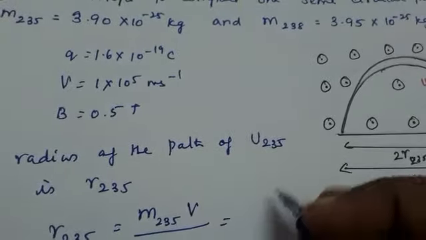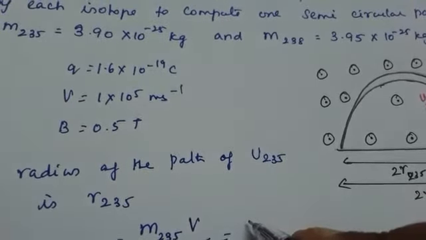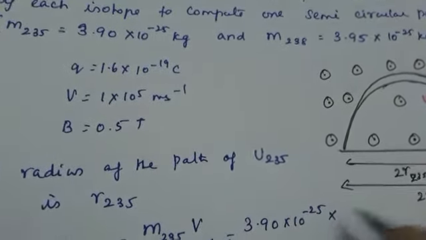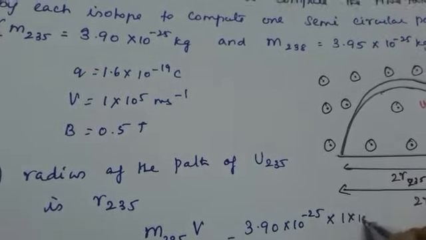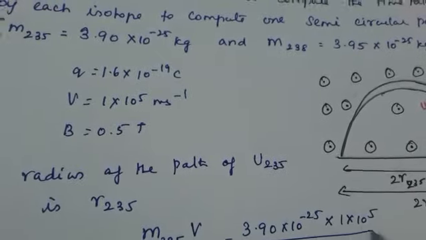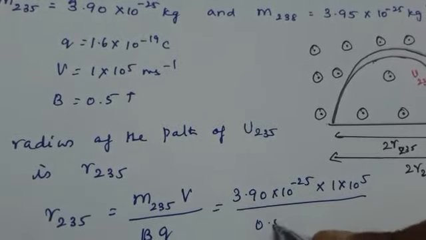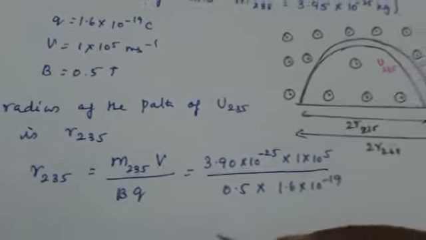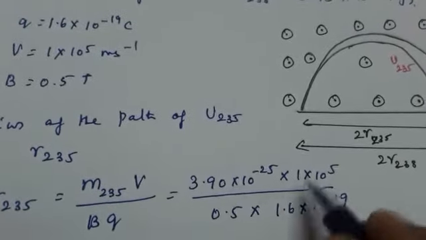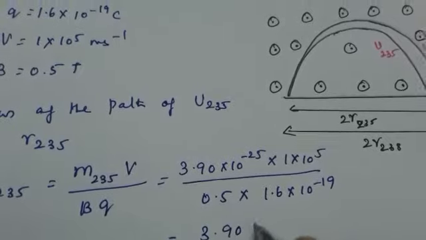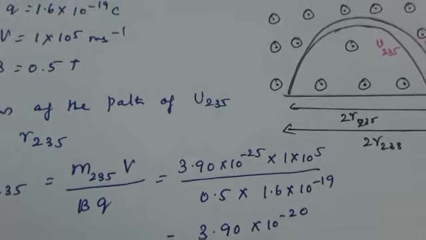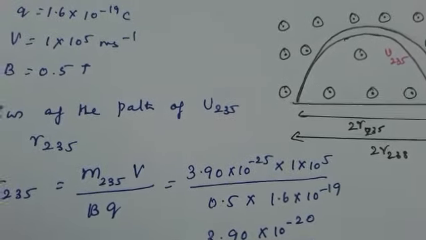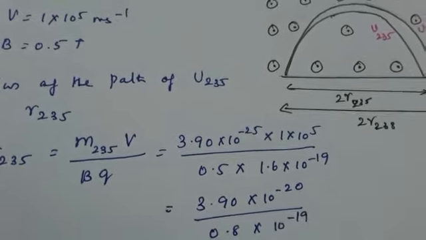So what is the mass? Mass of 235 is 3.90 into 10 raised to minus 25 into velocity 1 into 10 raised to 5, divided by B value 0.5 into 1.6 into 10 raised to minus 19. Now if you multiply, this is 3.90 into 10 raised to minus 20 divided by 0.5 into 1.6, which is 0.8, into 10 raised to minus 19.